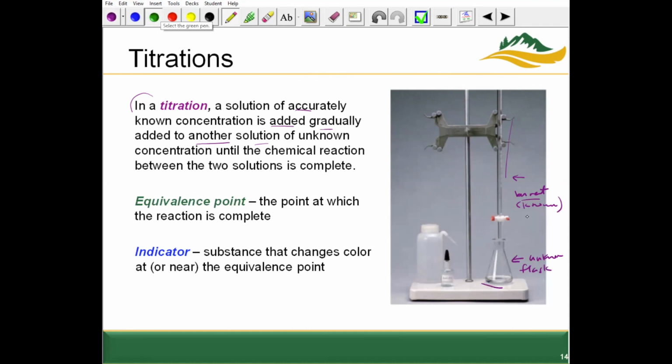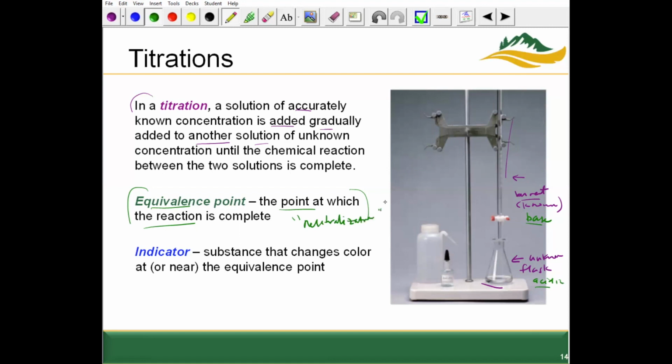If we had a base, let's say we're adding a base to an acidic solution here as our unknown. As we're adding a base to this acid, what we term now is our equivalence point, where our equivalence point is the point at which the reaction is complete. So for an acid-base titration, this can be when we're at a neutralization point.